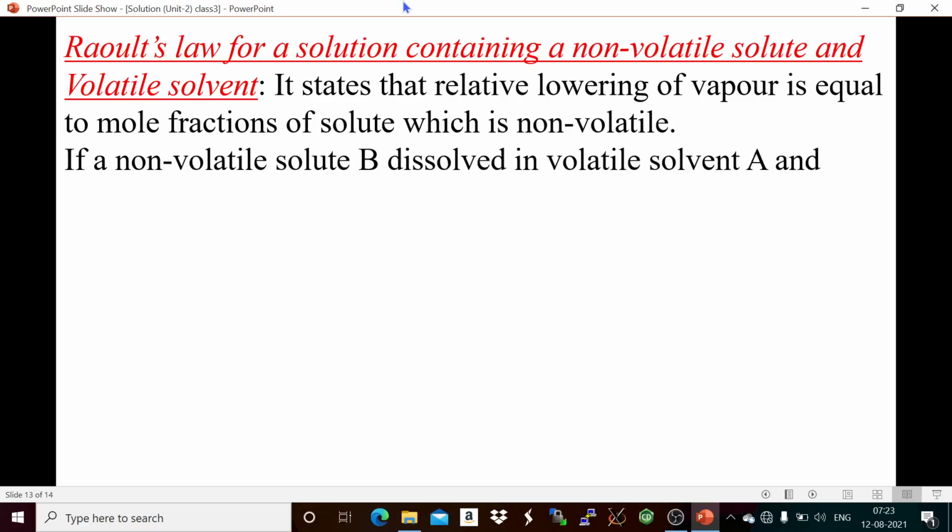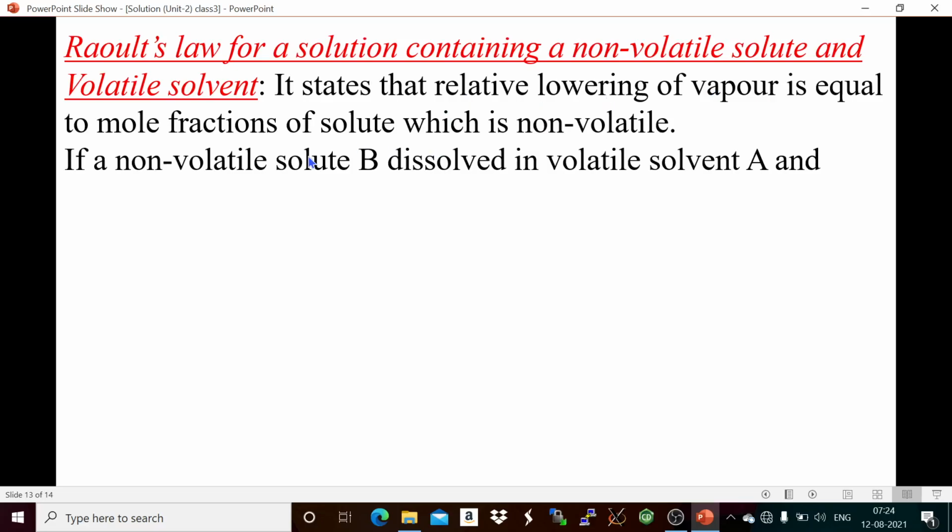So when we dissolve a non-volatile solute in a volatile solvent, the vapor pressure reduces. This reduction in vapor pressure, or relative lowering of vapor pressure, is equal to the mole fraction of the solute which is non-volatile.